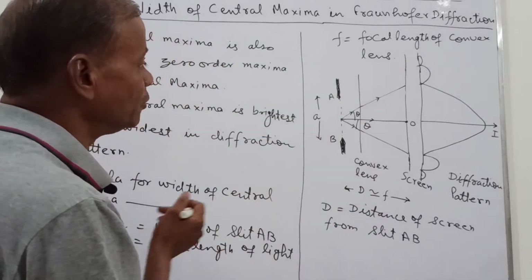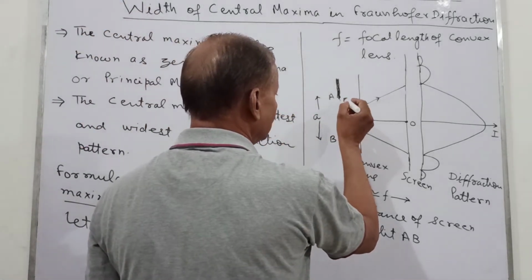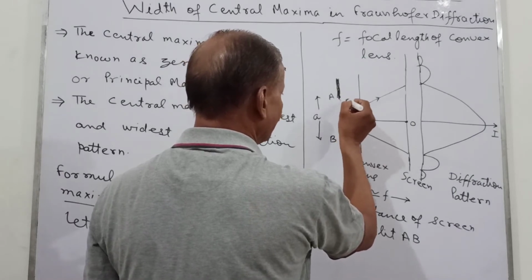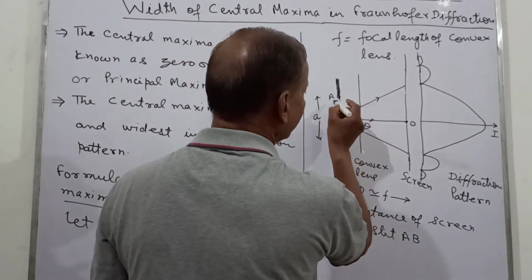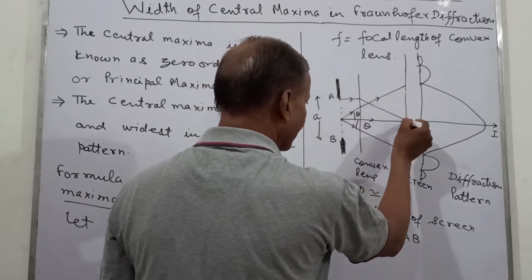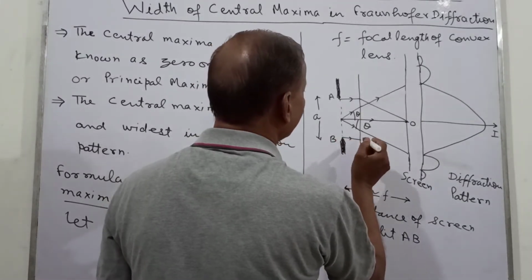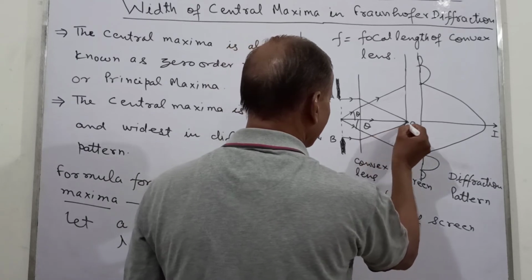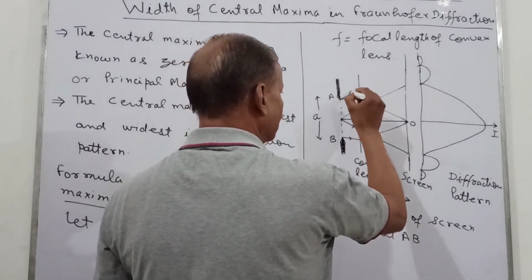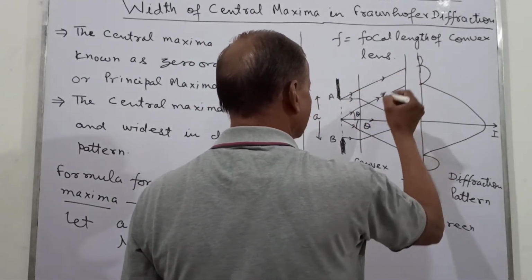So naturally we have got the path difference. Similarly we have other diffracted light rays. Light rays like this are being diffracted. This is for the central maximum, but when they are diffracted at some angle theta, they will reach this point.